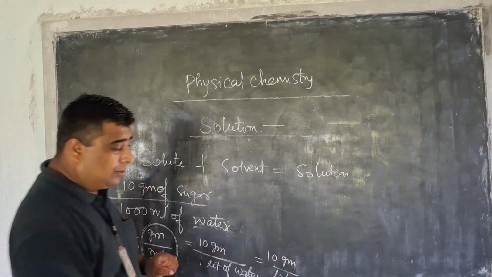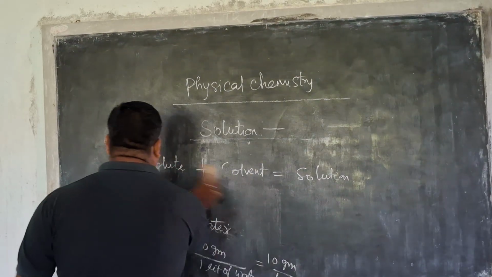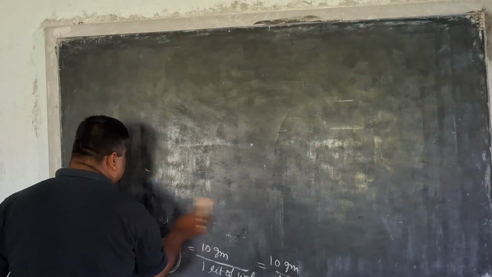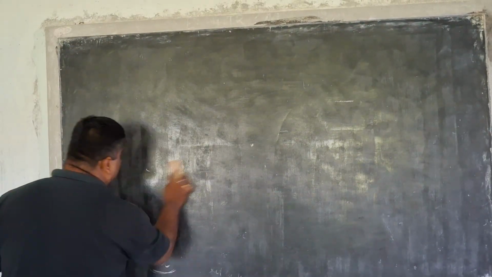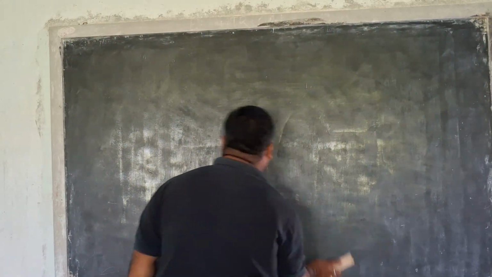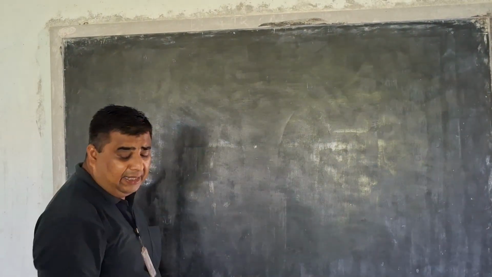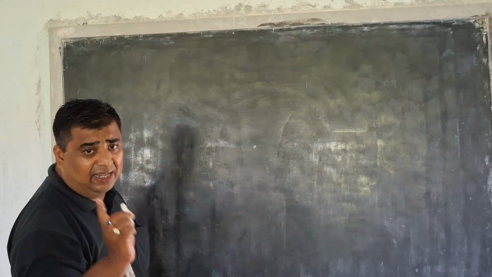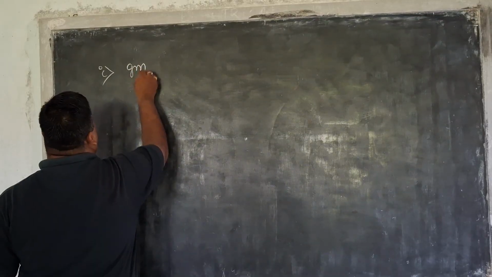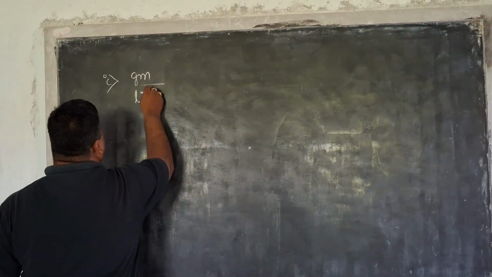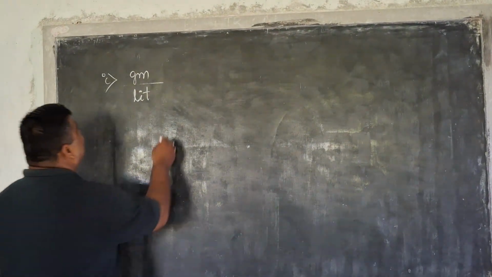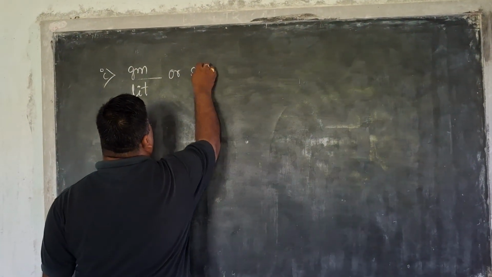So today's topic deals with concentration representations. Every solution has its what? Concentration. And what are the methods to represent the concentrations? The first is gram per liter, which is known as the strength of a solution.